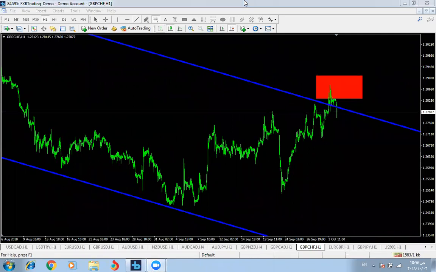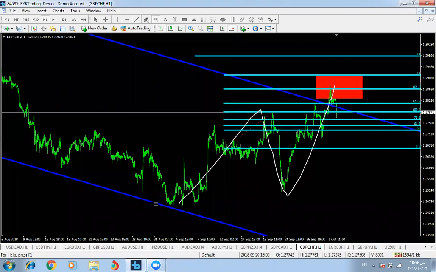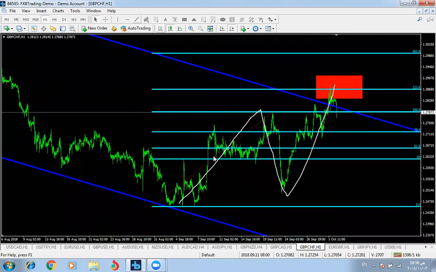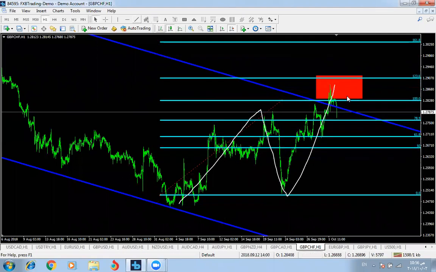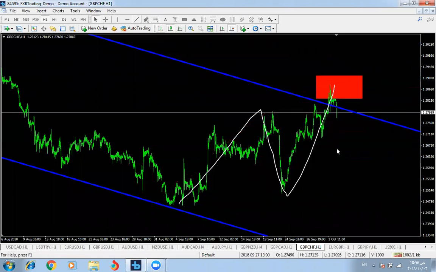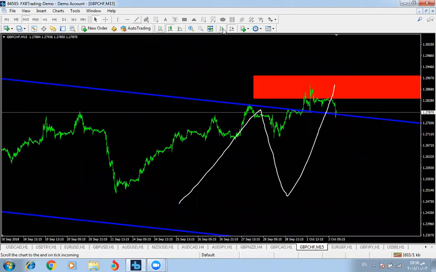This is A, this is B, and this is C. If we take the Fibonacci ratio between these two legs to determine the red box, you will find the red box is within this area, and then you are waiting for an impulse. You can refer to a smaller time frame to look for that impulse.